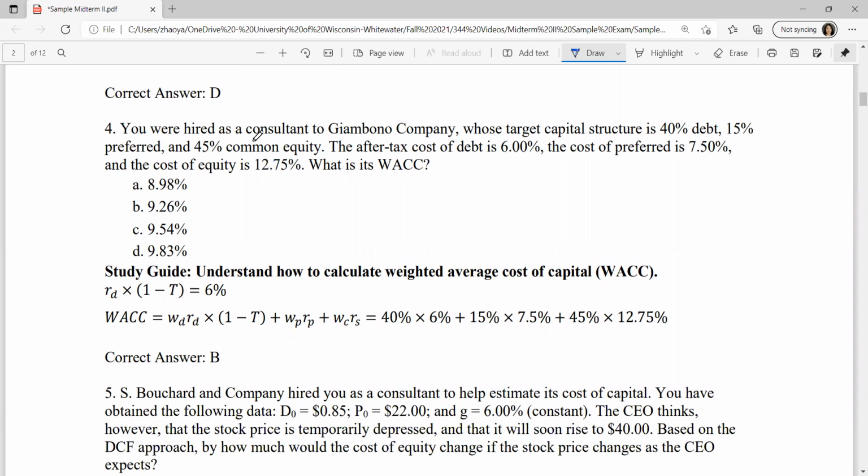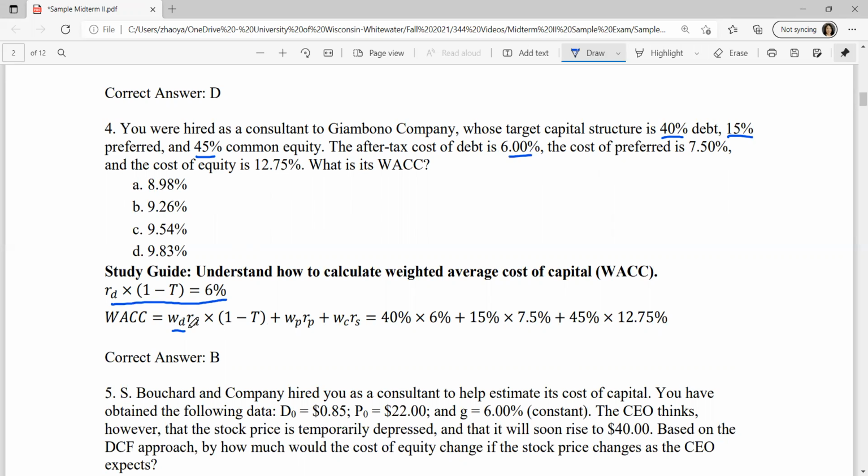You are hired as a consultant to Jim Bono Company, whose target capital structure is 40%, 15%, 45%. The after tax cost of debt, that is RD times 1 minus T, is 6%. The cost of preferred stock is 7.5%, and the cost of equity is 12.75%. What is its WACC? The formula is over here.